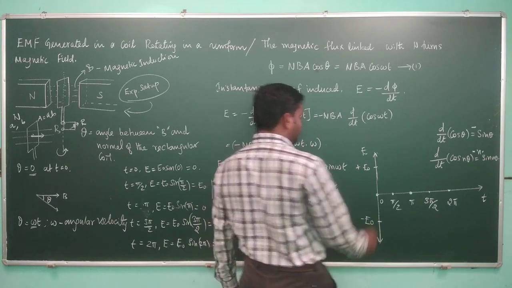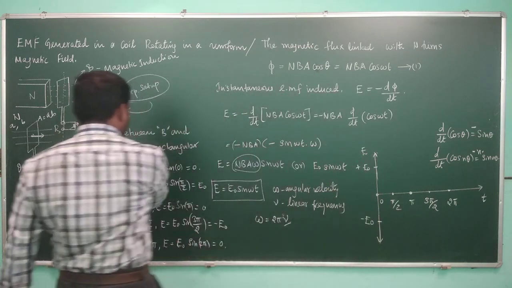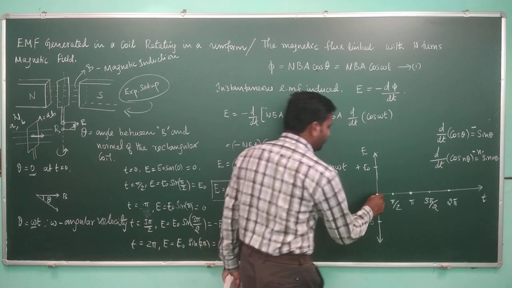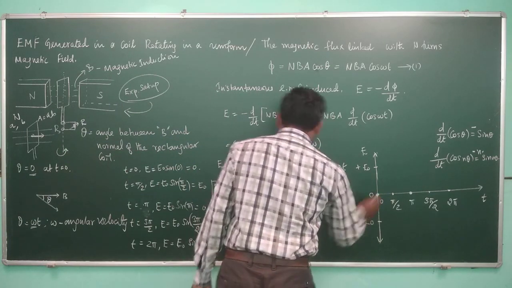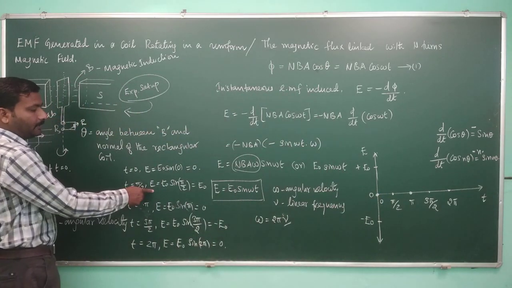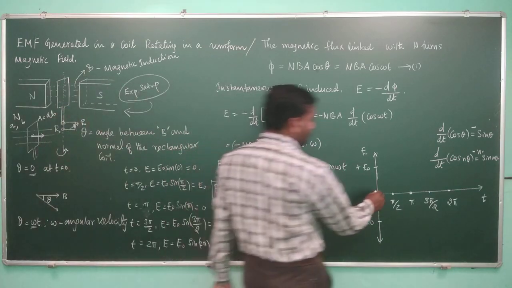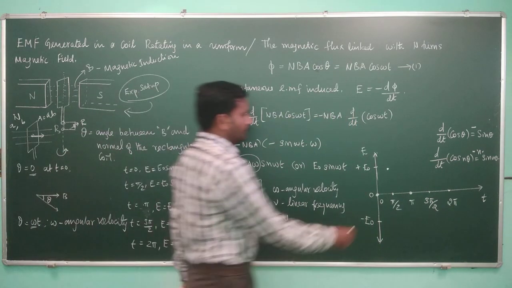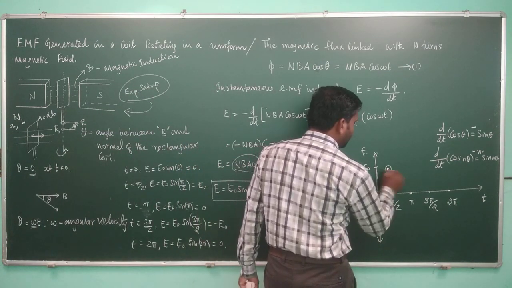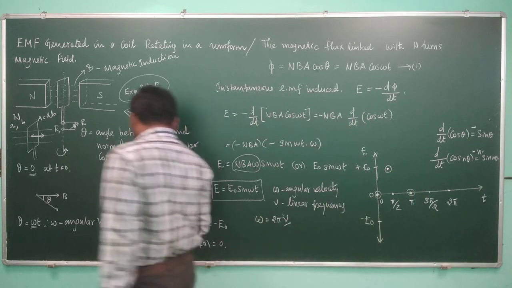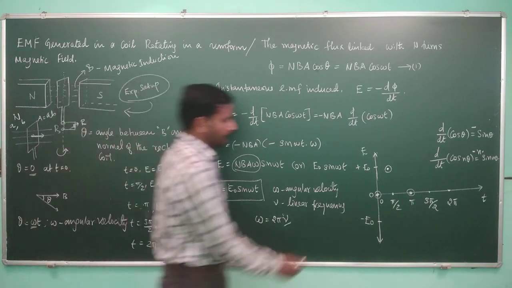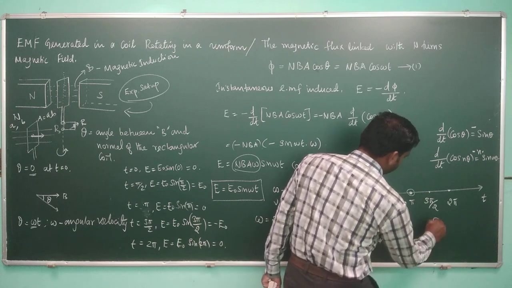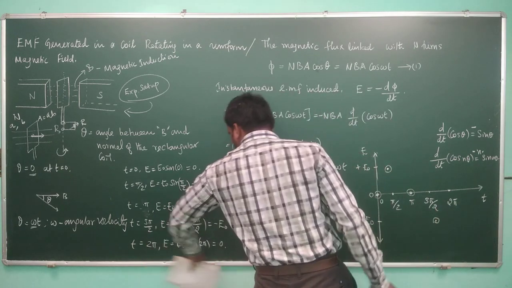For t equal to 0, E equals 0, so this point is 0. For pi by 2, E becomes E naught, so this comes here. Then for pi it becomes 0. For 3 pi by 2 it is minus E naught. And for 2 pi it is 0 again.